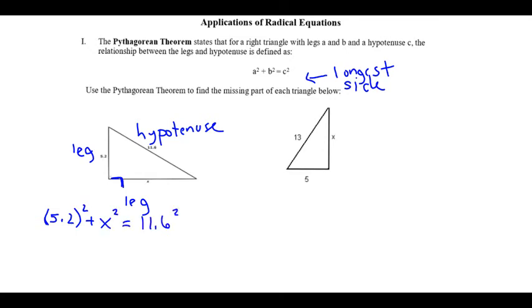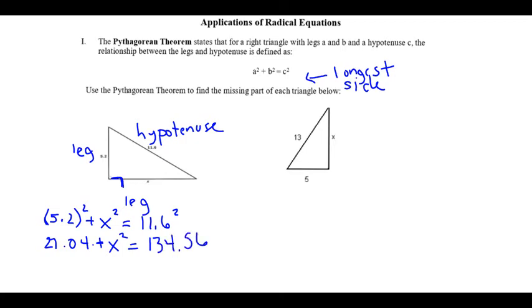And when we do the math, 5.2 squared equals 27.04 plus x squared equals 11.6 squared equals 134.56.